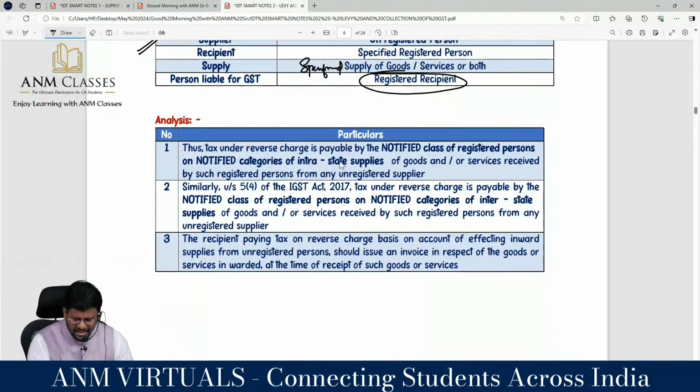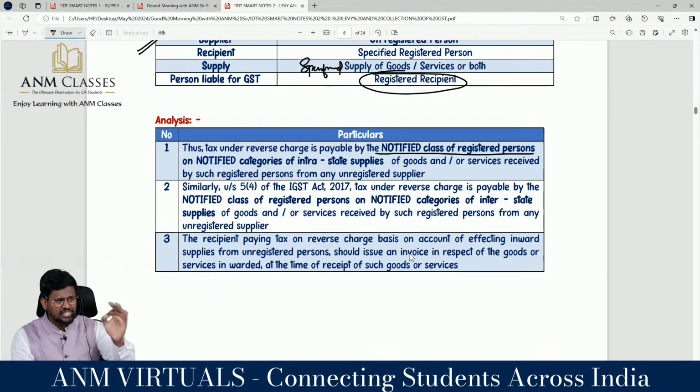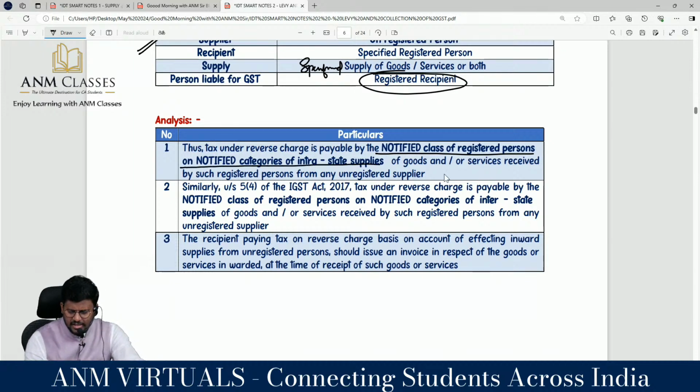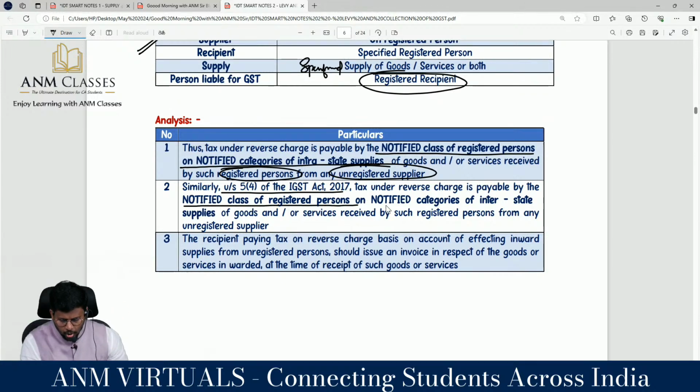The tax under reverse charge is payable by the notified class of registered person on notified category of intra-state supply of goods or services received by such a registered person from an unregistered supplier. Yes, they have notified. The notified person is the building contractor, correct? Similarly, under 5(4) of the IGST Act, tax under reverse charge is payable by the notified class of registered person on notified category of interstate supply of goods or services received by such a registered person from any unregistered supplier.